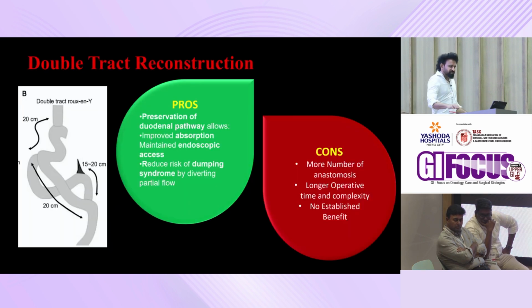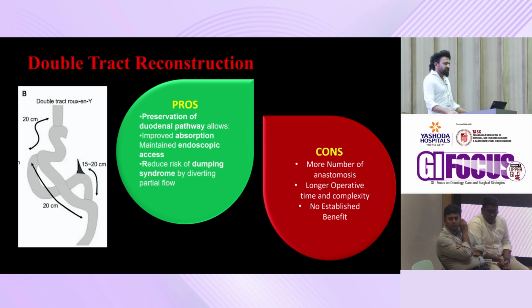My previous speaker was talking about double-tract reconstruction. With the double-tract reconstruction, the advantage is you will have duodenal access to do endoscopy, with better absorption, and it will reduce the dumping syndrome.